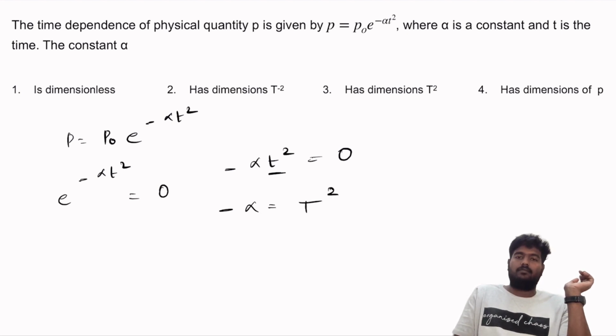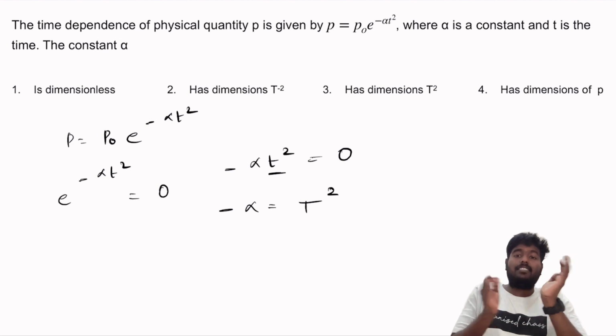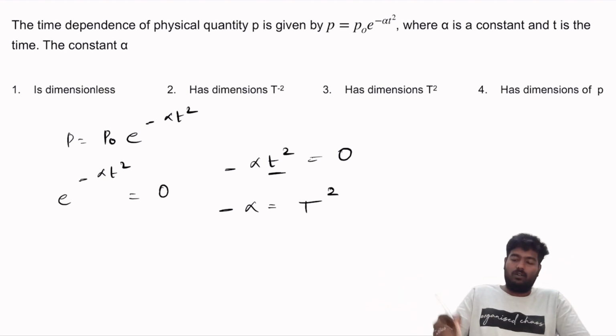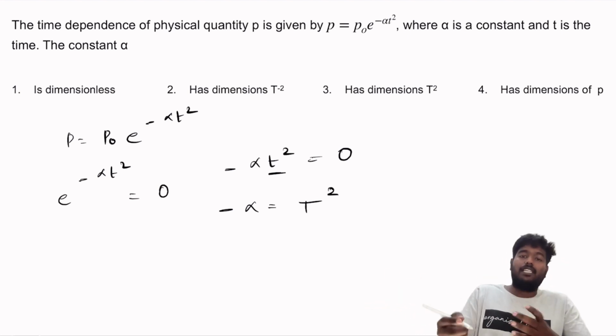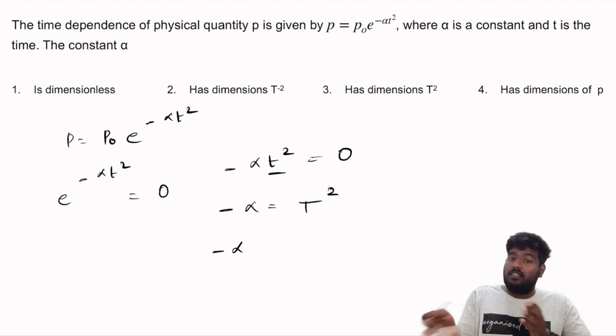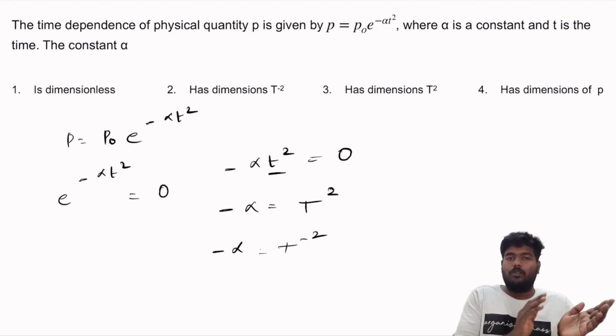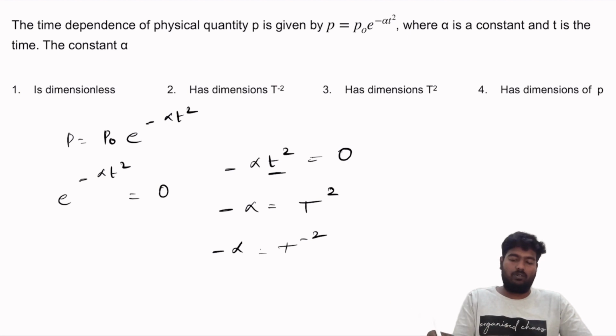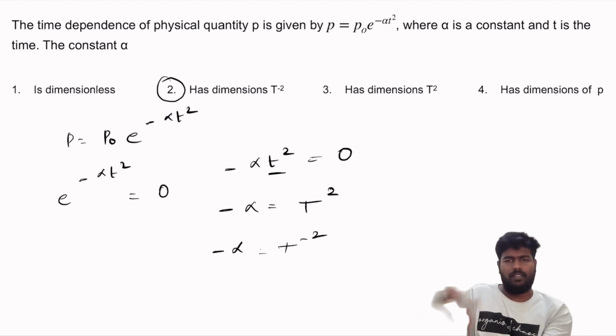So alpha should have the inverse dimension of this one so that they cancel each other and the resultant is 0. If you put T power minus 2, then T power minus 2 into T power 2 will give 0. So alpha has a dimension of T power minus 2. Am I clear?